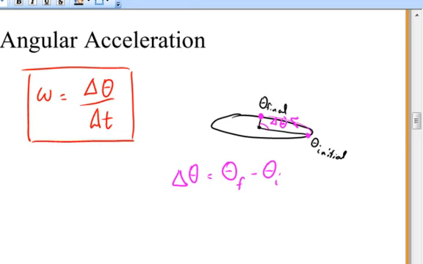Now what about the direction? This right-hand rule tells us that we put the fingers of our right hand in the direction that the particle travels around the circle, and the thumb of our right hand points in the direction of the angular velocity.